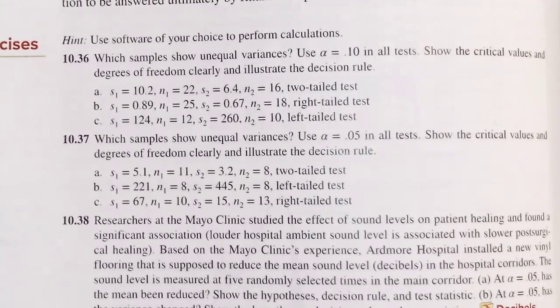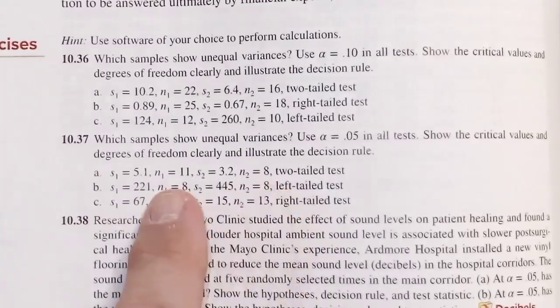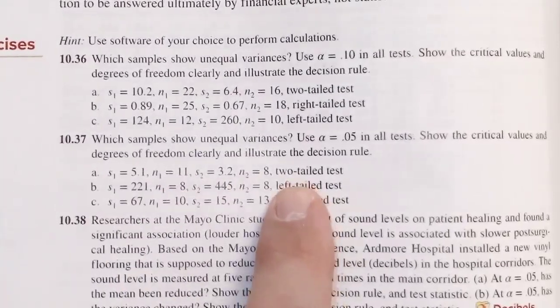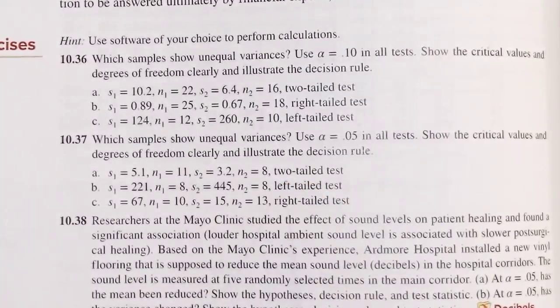We can do more than one, but which one do you want to do first? Okay, if I do A, it says we're going to use 11 and 8, a two-tail test. Two-tail. Hey, wait a minute, 11, 8, those are the same numbers we were just looking at, right? Okay.